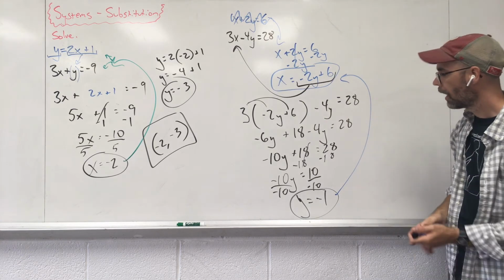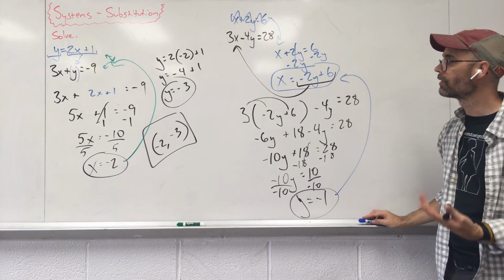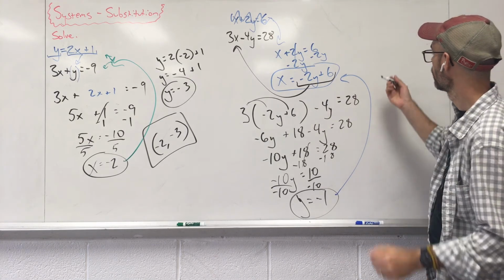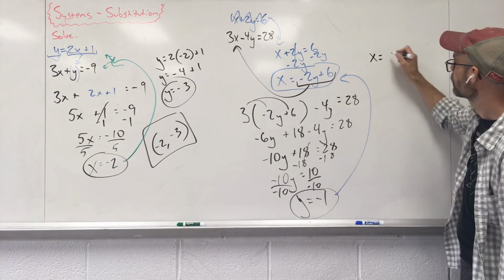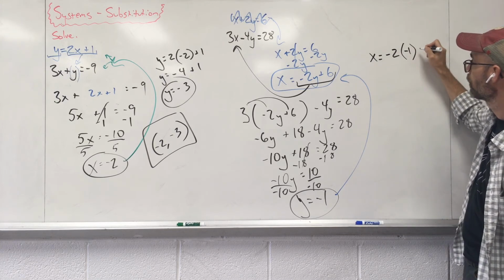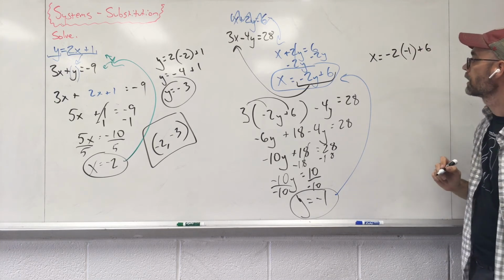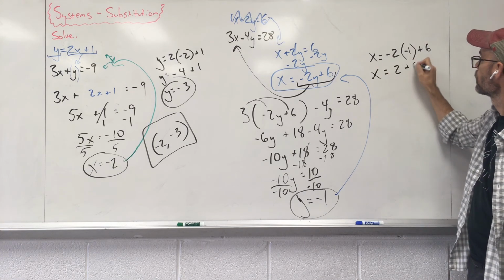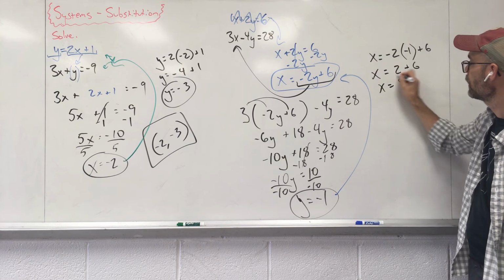Doesn't matter. I want my final answer, though, to say x equals. This already starts off that way, so let's rewrite it. X equals negative 2 times negative 1, plus 6. So let's just simplify. 2 plus 6, x equals 8.